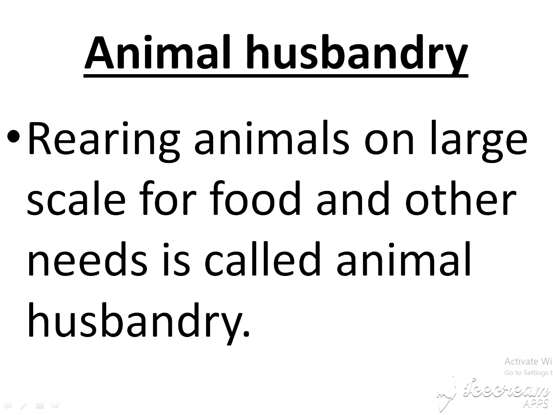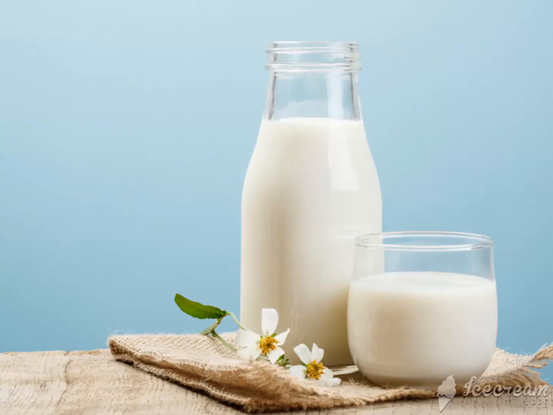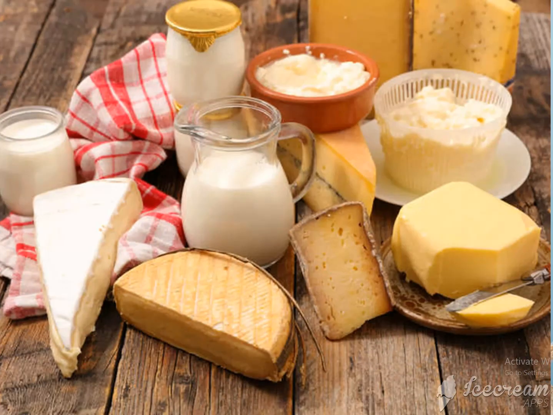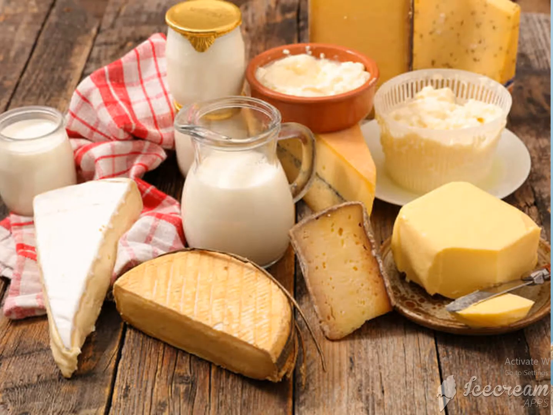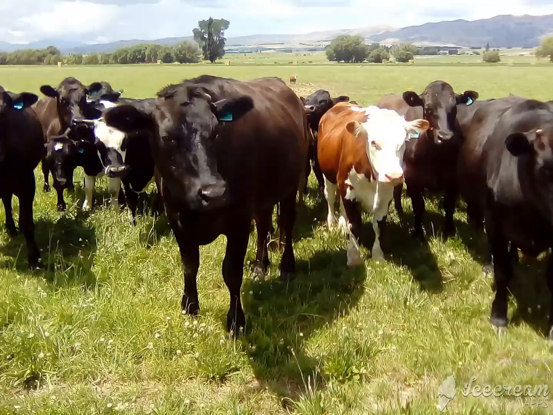So now you all know the food products we get from animals, right? Milk. Milk is obtained from cow, goat and buffalo. And what are the products we can get from milk? We can prepare from milk butter, ghee, curd, cheese, etc. Then meat.